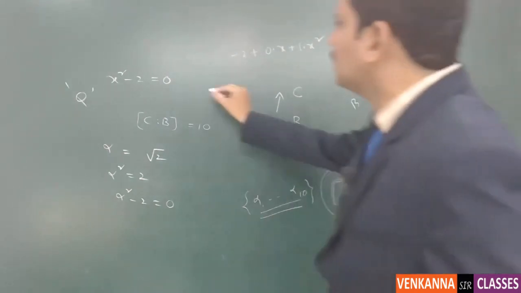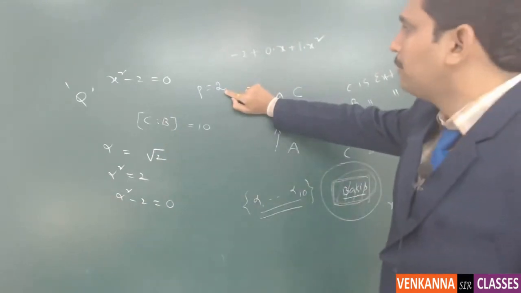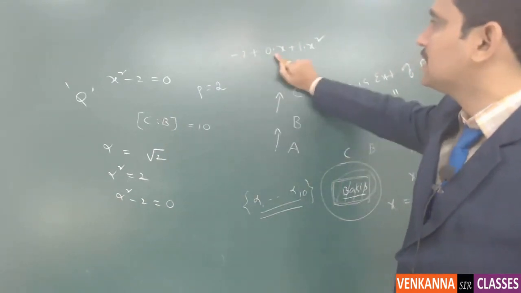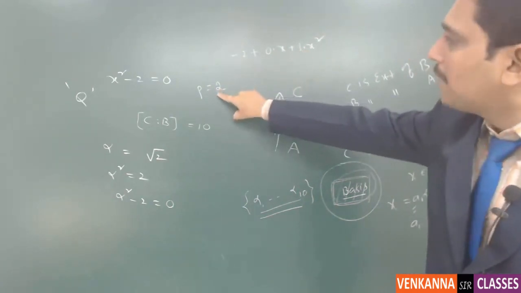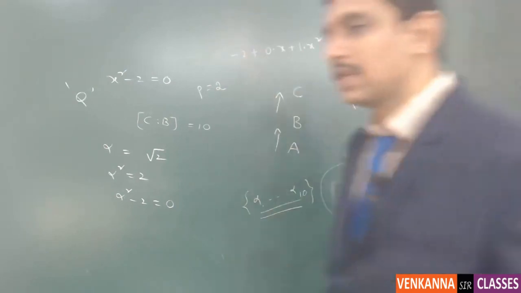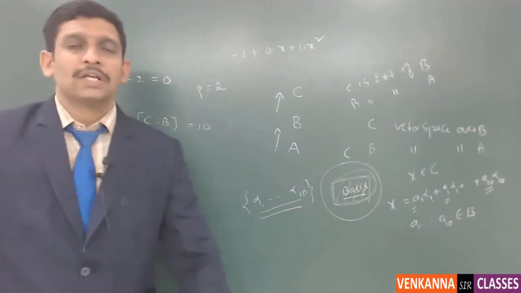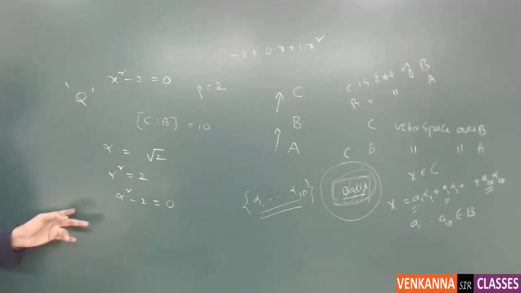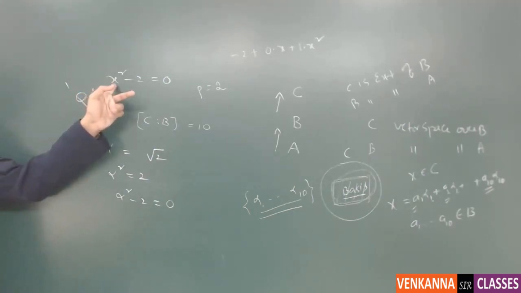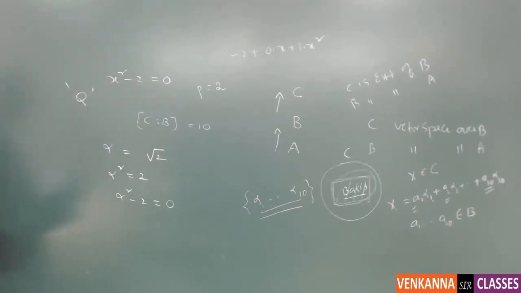By taking the prime number p equal to 2, p divides the constant, p divides the x coefficient, p does not divide the leading coefficient, and p square does not divide the constant term. Accepted? Therefore, we have a prime number which satisfies the Eisenstein criterion for x square minus 2. Hence, this polynomial is irreducible over Q.